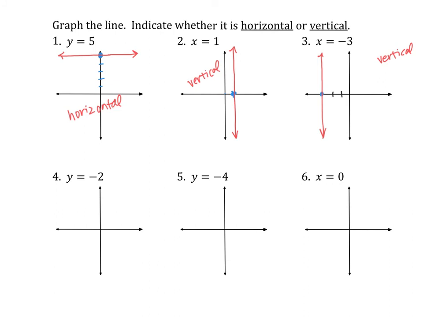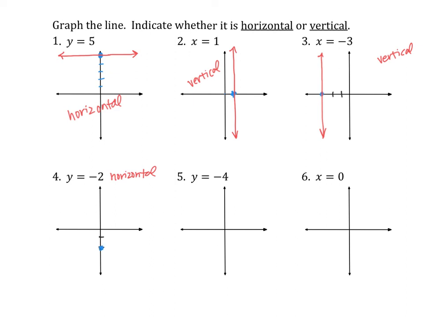This is y equals. So before I do any work at all, I already know this is going to be a horizontal line. If I forget, I can always figure it out. Since it's y equals -2 on the y-axis, it's going to touch the -2.